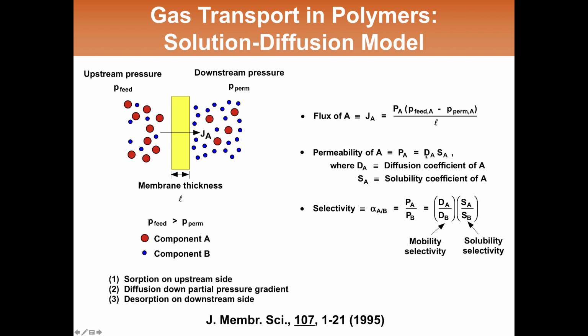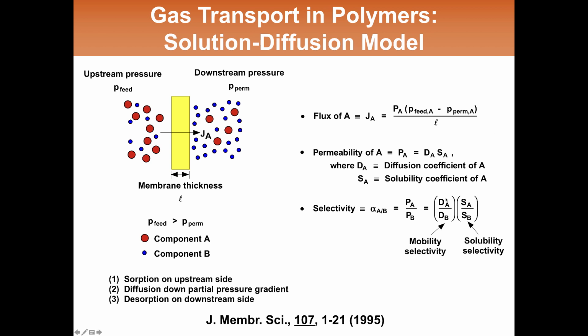Within the context of the solution diffusion model, P is equal to D times S, we can write the selectivity in terms of a ratio of the diffusion coefficients of the two gases and the ratio of the solubility coefficients. And so the way we can manipulate or change selectivity is by changing the relative diffusion coefficients of the gases in the polymer.